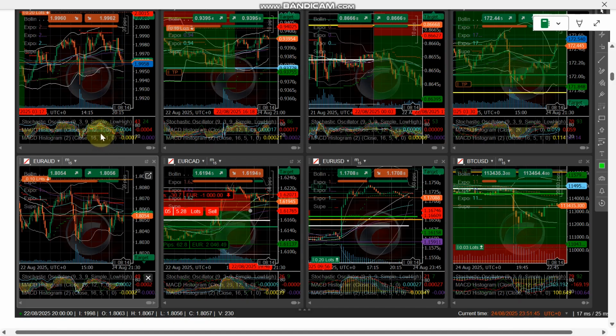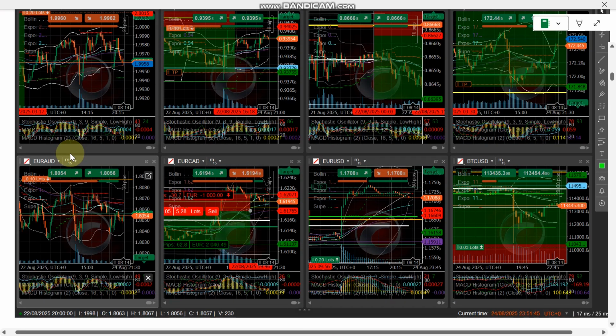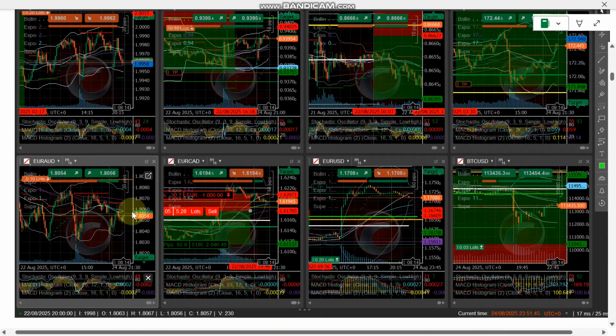If I have time, I will check the MACD working together with this. So Euro New Zealand is sideways up, sideways, and then pulling back underneath the Bollinger band line. This is the 15 minutes.